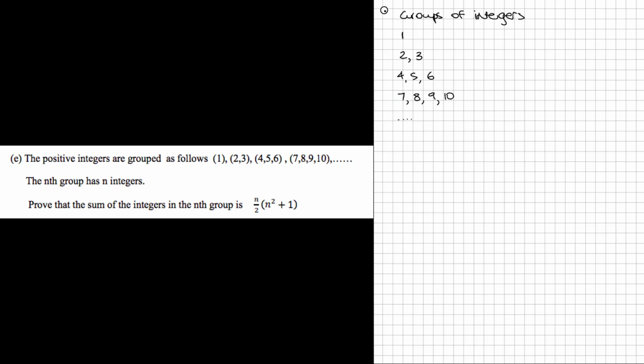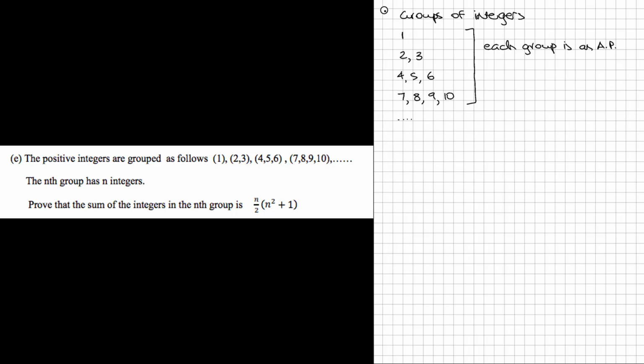That pattern continues, noticing that for each group, the number of terms in that group is equal to the number of the group. So group 1 has 1 term, group 2 has 2 terms, group 3 has 3 terms, and so on. And so it makes sense that we're told that the nth group will have n terms. The first thing to notice is that each group is an arithmetic progression.